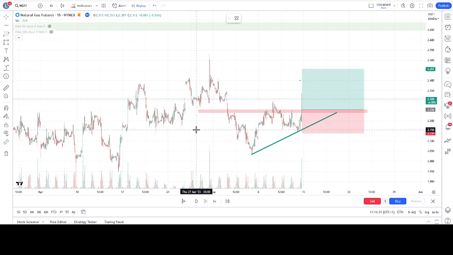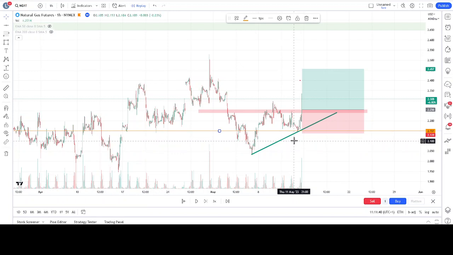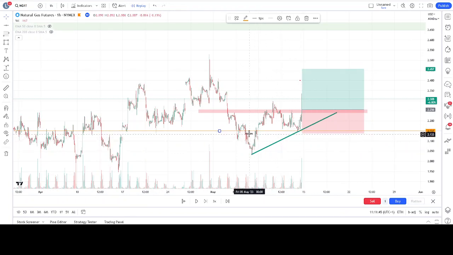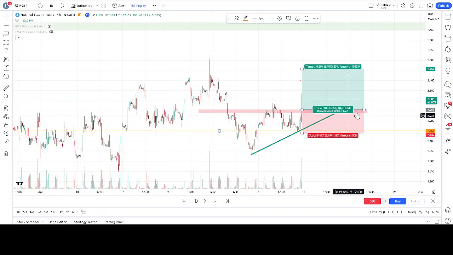You can see clearly this is working as a support. You see the price touching here and then trying to break down again, goes up, touching here, taking support here, taking support here, and so on and so forth. So this is our ascending triangle.